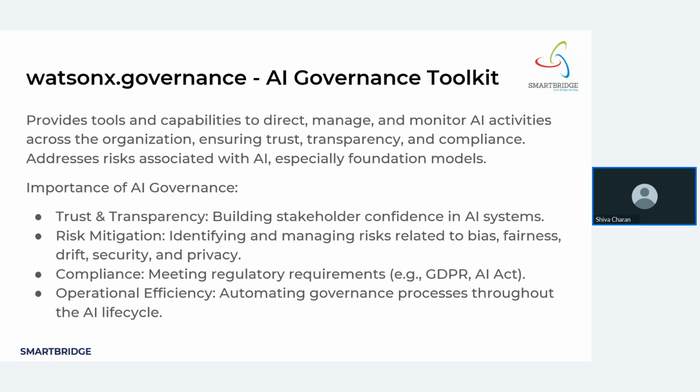In Watsonx.governance, it will make sure this compliance key factor is involved; compliance plays an important role. And operational efficiency: automating the governance process throughout the AI lifecycle. Whatever governance process we have implemented in our application, it will make sure each governance process is automated throughout the AI lifecycle.